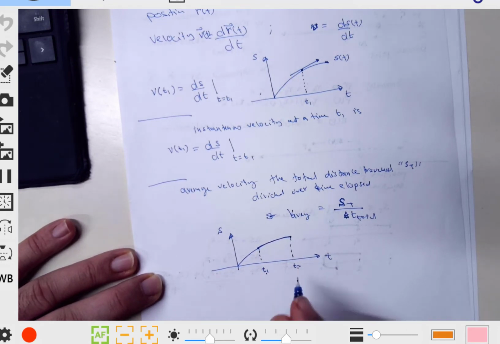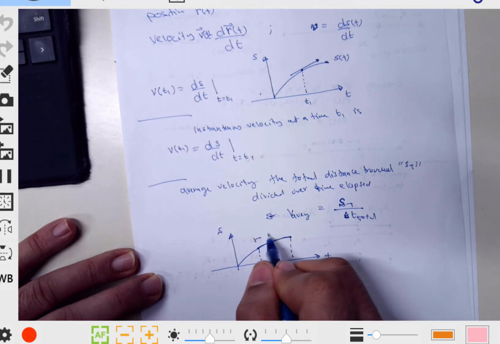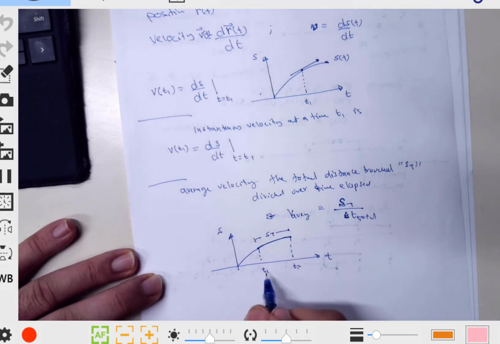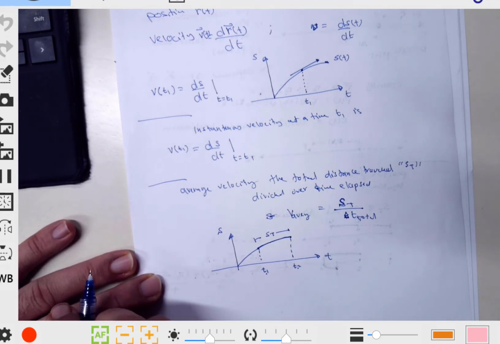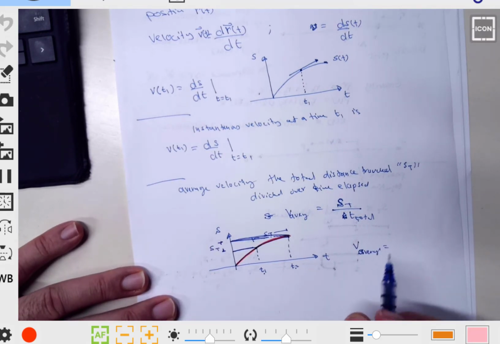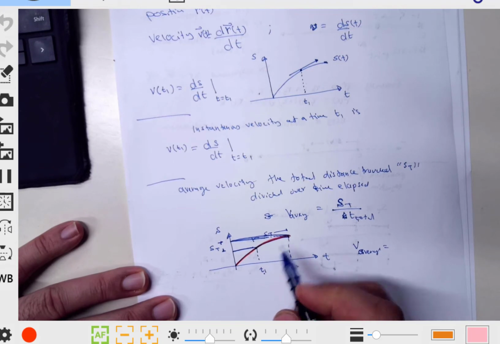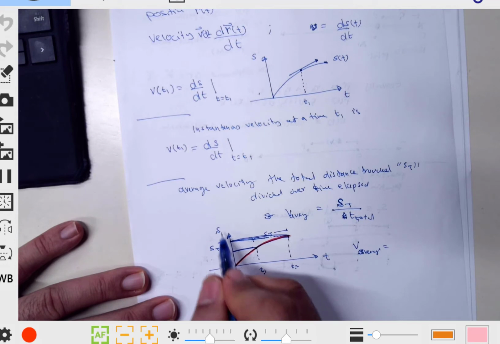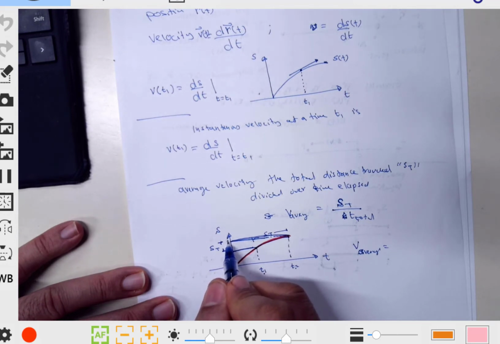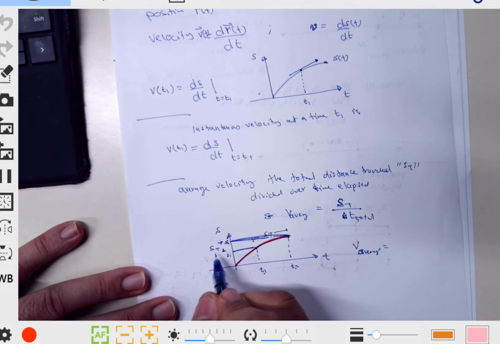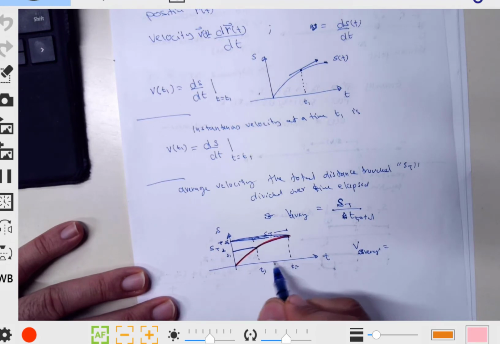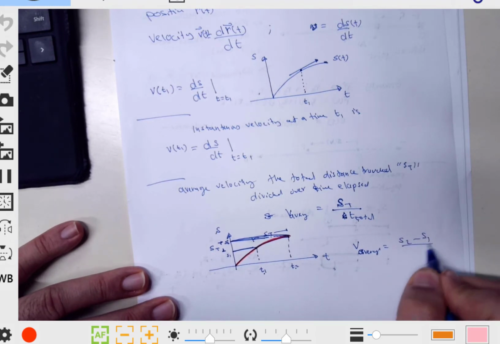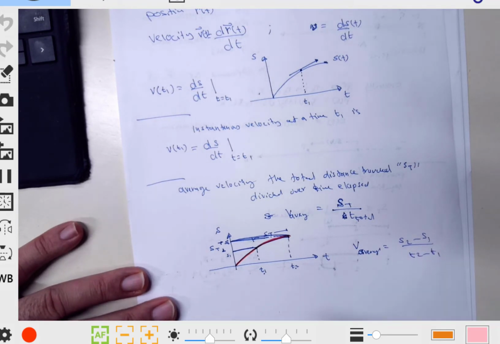So if this is s of t, then it's s of t divided over t2 minus t1. The total distance traveled by this particle is measured on the y-axis, so it's s2 minus s1, which gives me s of t divided over t2 minus t1. It just happened that it works.